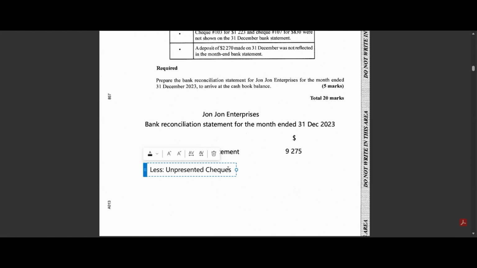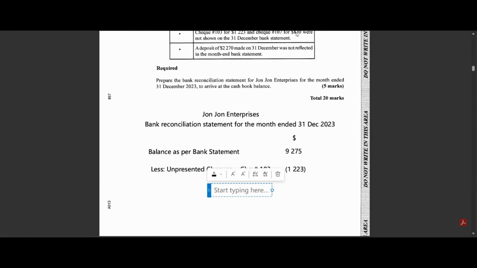First of all, we have check number 103. And this value would have been an amount of 1223. Good. The other unpresented check we had was check number 107 for $830.